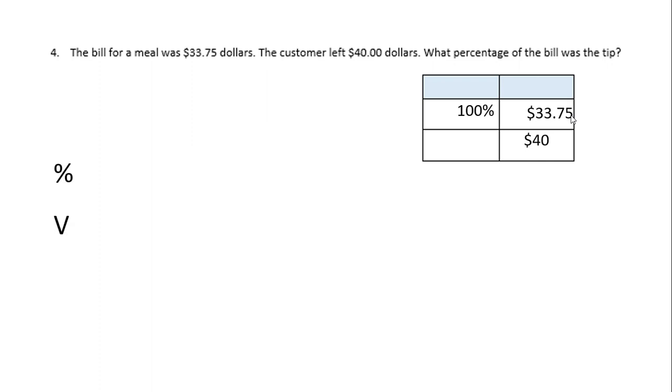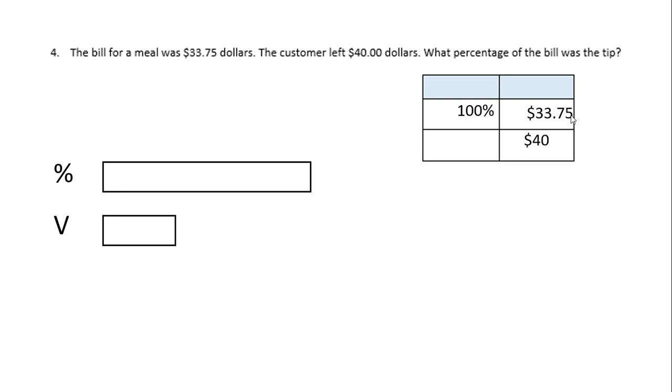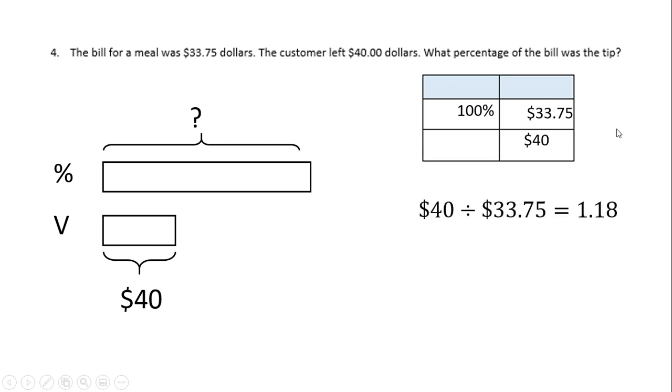So if we set up our model, we have a percent of 100 groups and a value tape diagram of 33.75 groups. Again, this time what we know is the value amount of 40, and we're looking for what percent that might be. 40 will be divided into some groups. I'm going to check my table. It'll be divided into 33.75 groups.